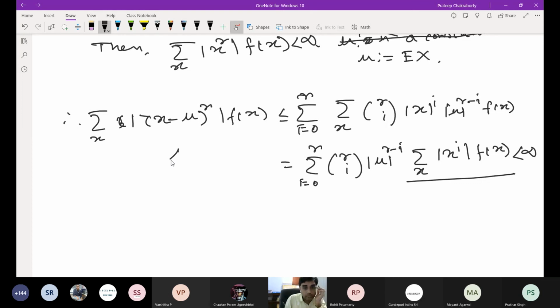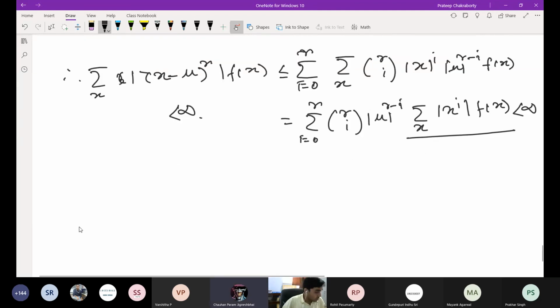So the total is also finite. This is equal to the expectation of the random variable (X minus mu) power r, which is called the r-th central moment of X.